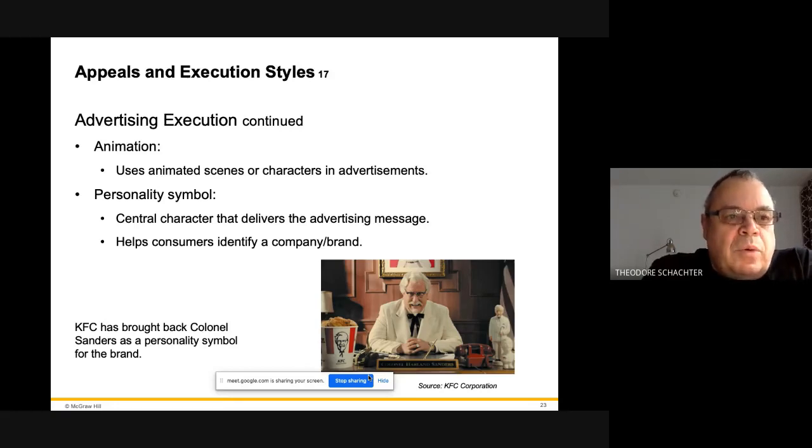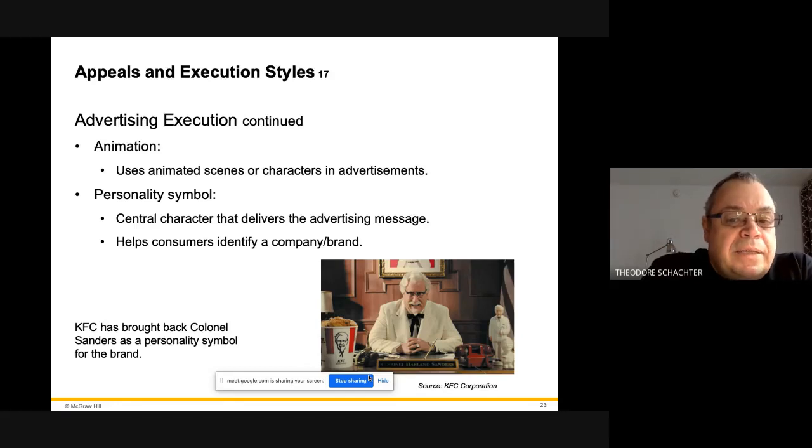So we draw them out, or we use animation to show how sometimes indigestion products that fight indigestion work, because we're not going to cut open a person and actually show it. And they're very good at use with children. Children love cartoons, and animation is an appeal that's very much used with children.